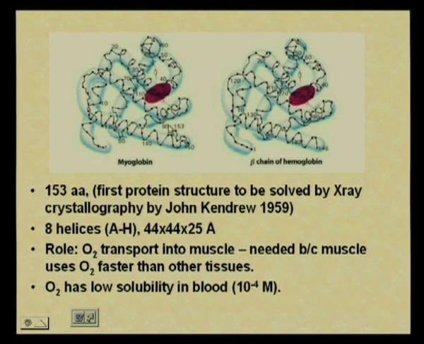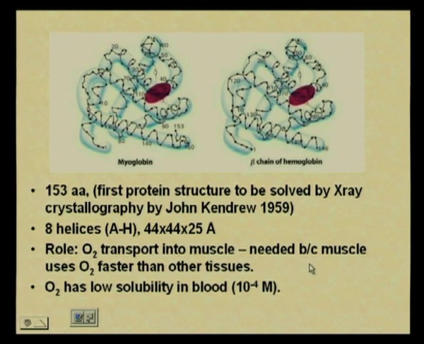If we look at myoglobin, myoglobin is the first protein structure to be solved by X-ray crystallography by John Kendrew in 1959. This was followed by hemoglobin and then ribonuclease A. So, what we have in myoglobin, it is a single polypeptide chain, and its role is oxygen transport into the muscle.